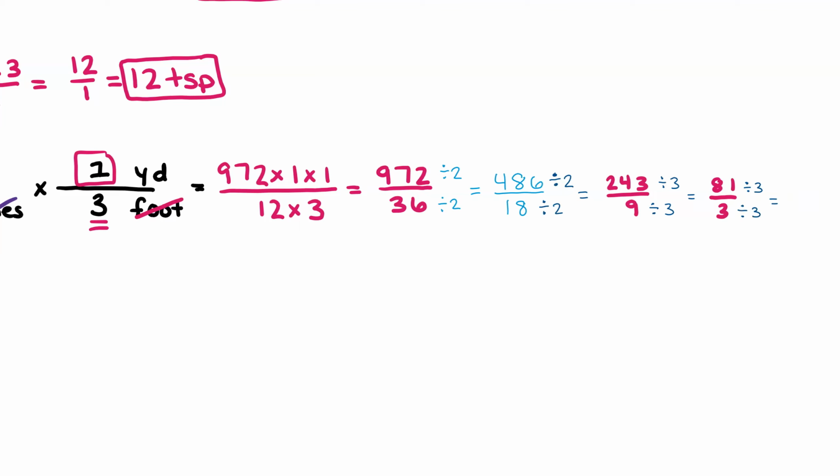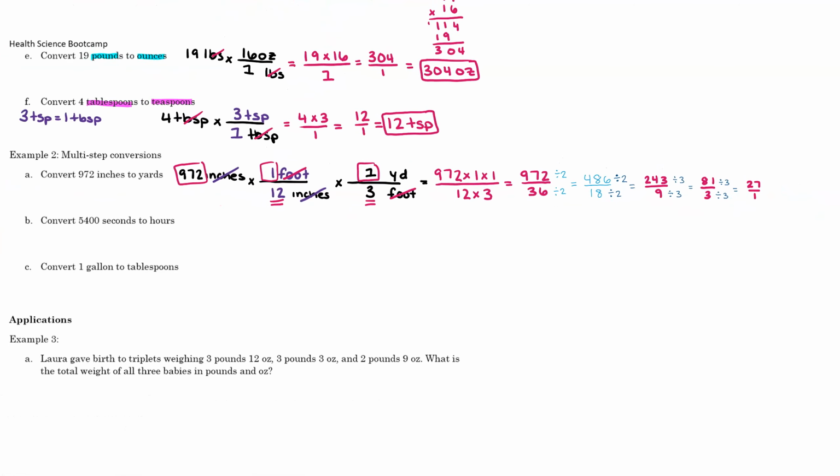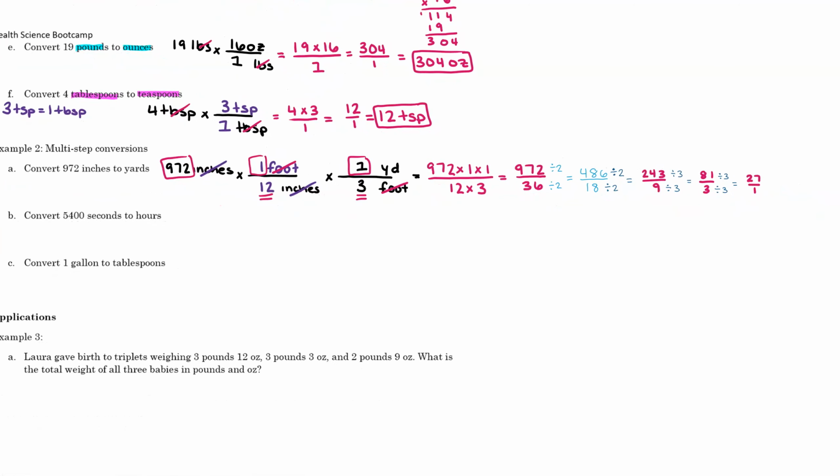So 81 divided by 3 will be 27 over 1. And over 1 is just silly. So 972 inches is 27 yards, because yards was the only unit left.